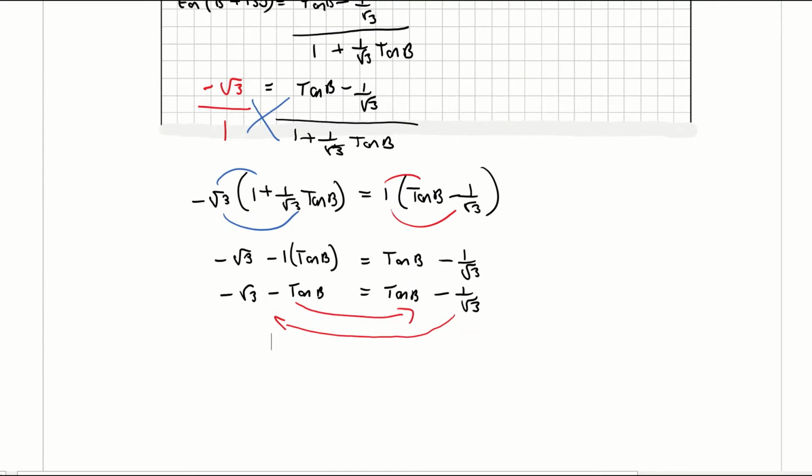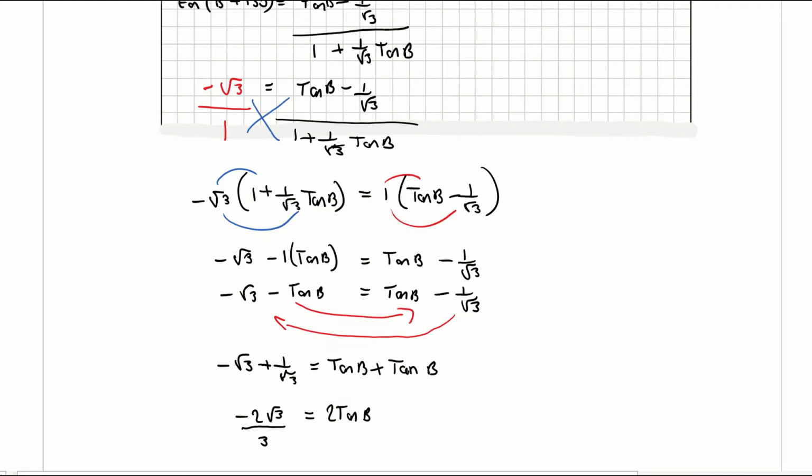That's then going to give me minus root 3 plus 1 over root 3 is equal to tan B plus tan B. So minus root 3 plus 1 over root 3 is giving me, let's see, minus 2 root 3 over 3. And tan B plus tan B is 2 tan B.